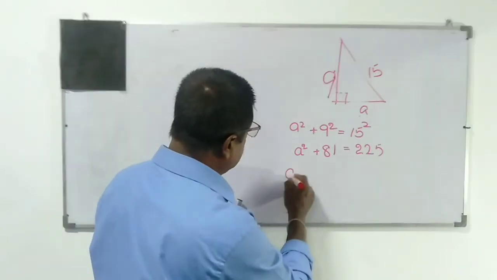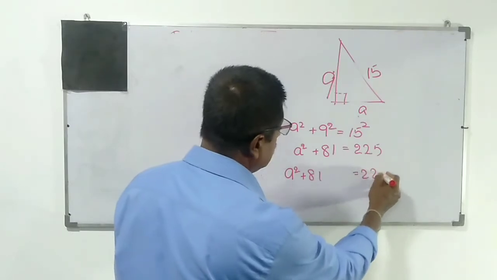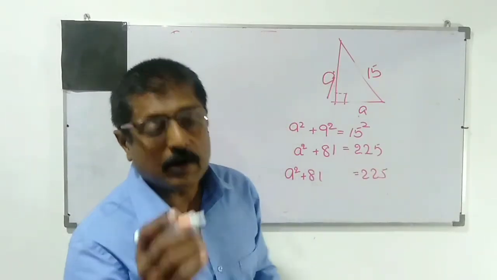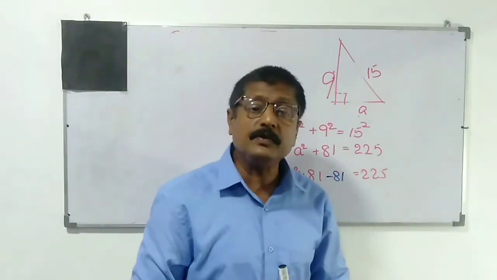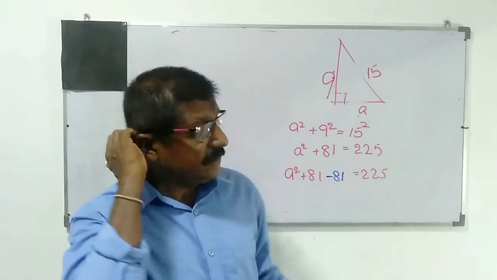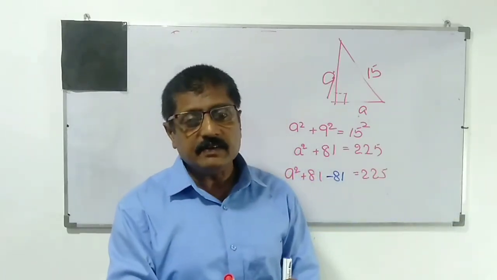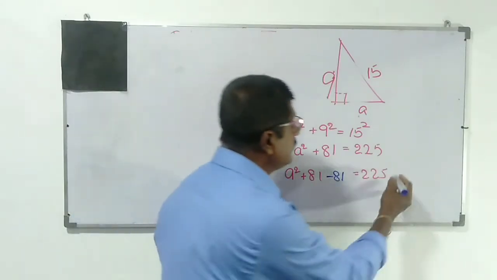Now we are going to isolate A squared. How can we isolate A squared? We have to remove 81. Subtract 81. But when we remove 81 from this side, the equality will be violated. Therefore, we have to remove 81 from the other side too.